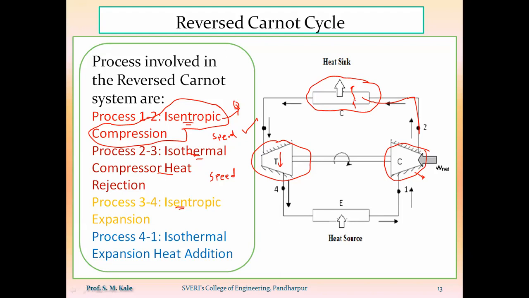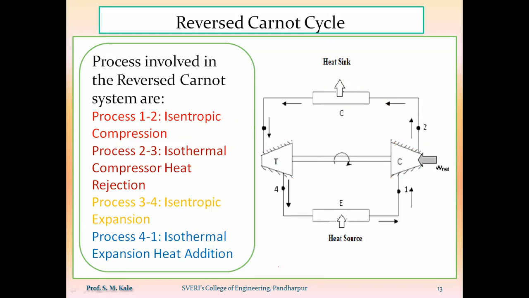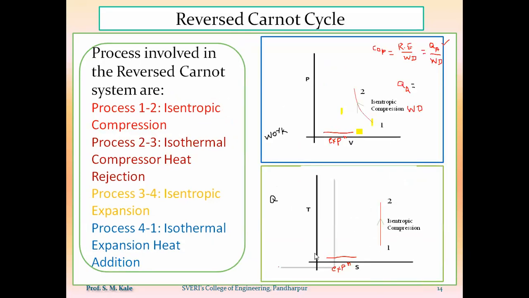So variation of speed from extremely high to extremely low is practically impossible. That's why we are not using the reverse Carnot cycle in practical applications. So these are the limitations of using the reverse Carnot cycle in practical applications.